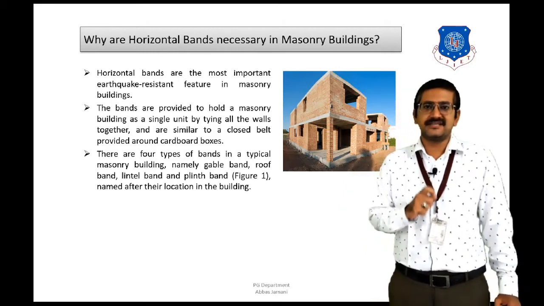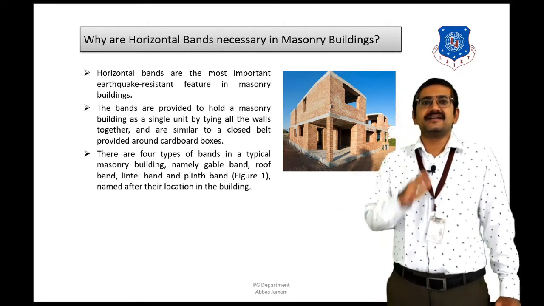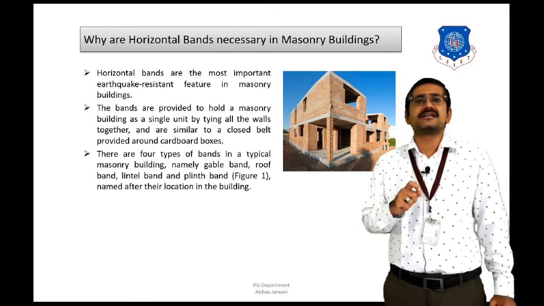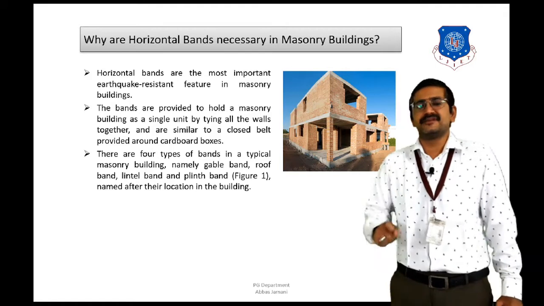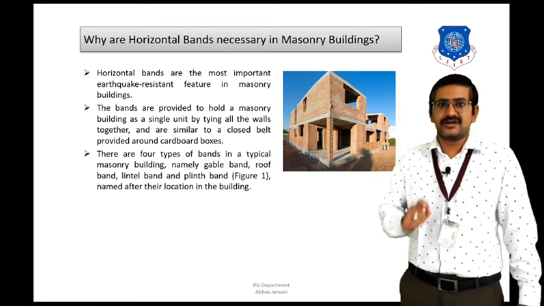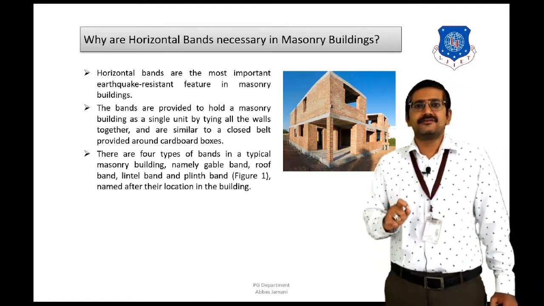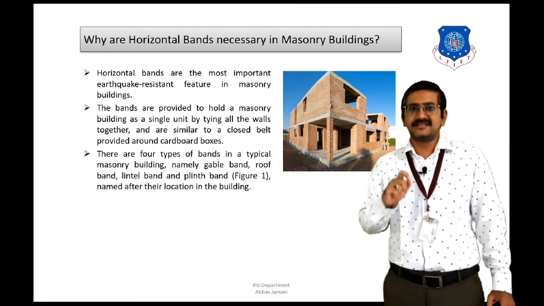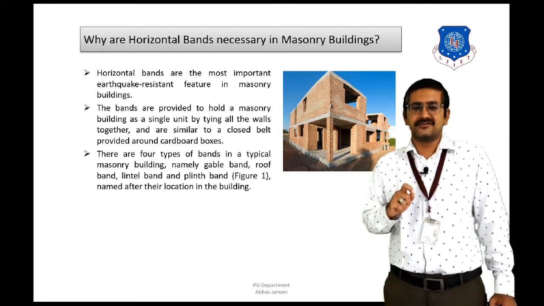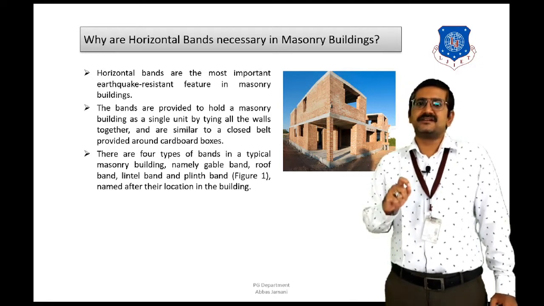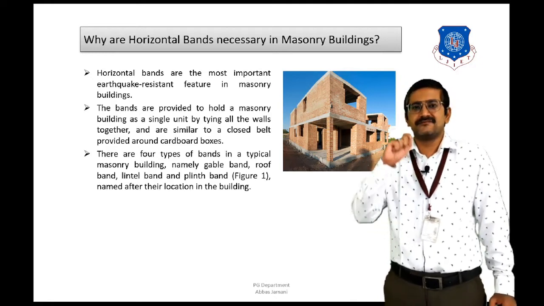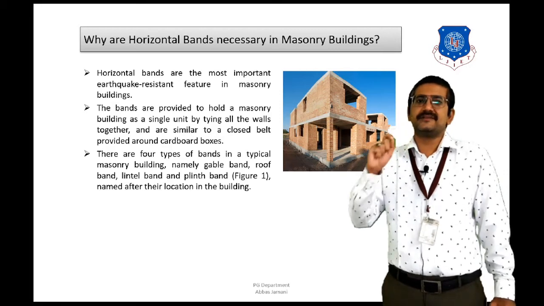Why was this aspect necessary? Because in case of a masonry building, the load transfer is from the roof to the walls, from the walls to the foundation, and from the foundation to the soil. Right? Now if these walls have a higher percentage of openings, then the stiffness of the building is going to reduce. And when the stiffness is reduced, the connectivity between the floor, the roof and the wall is going to reduce.